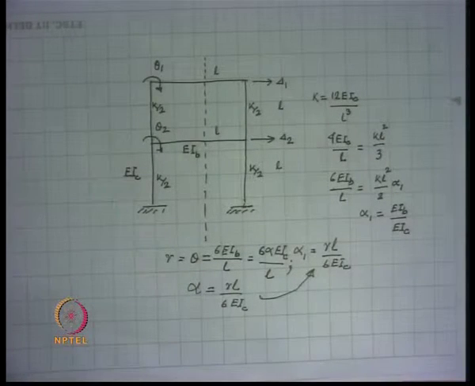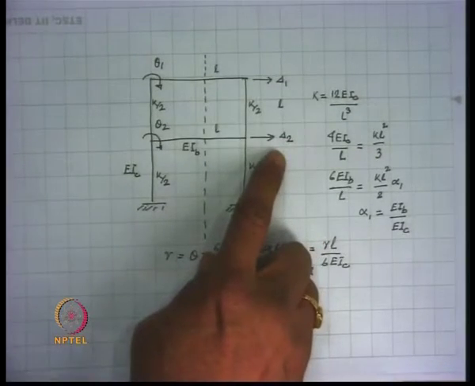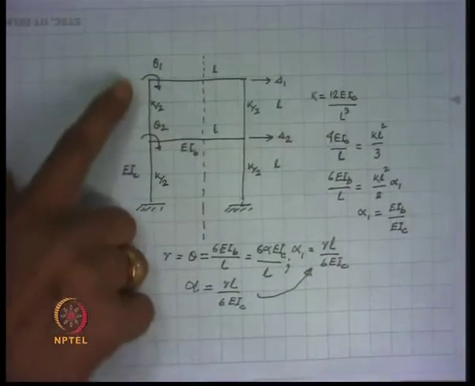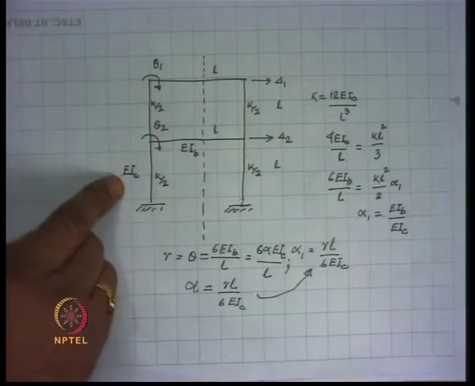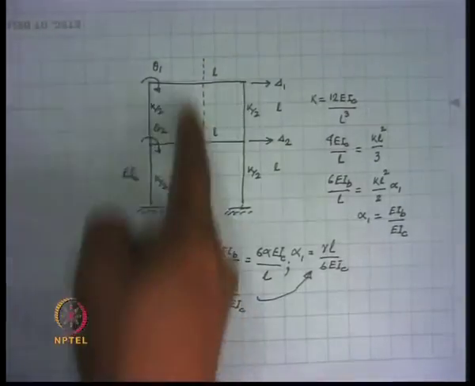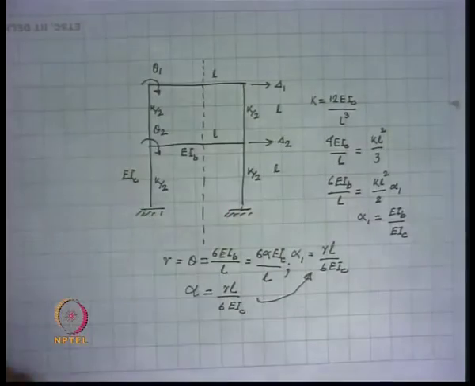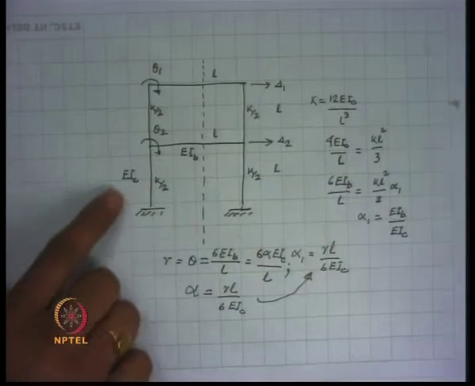As a result of that, we consider only delta 1 and delta 2, the two sway displacements, and out of the 4 rotations we take only 2 rotations as unknown, and we take the line of symmetry over here, and while calculating the stiffness matrix we take help of the antisymmetric case.